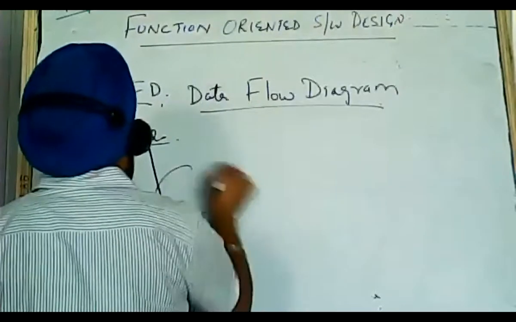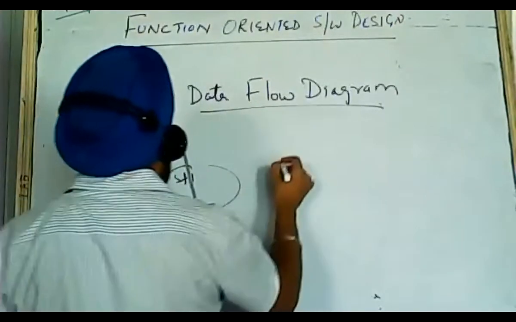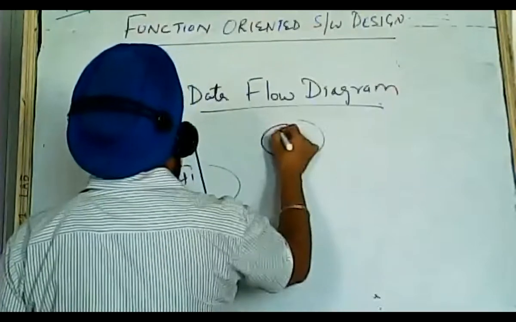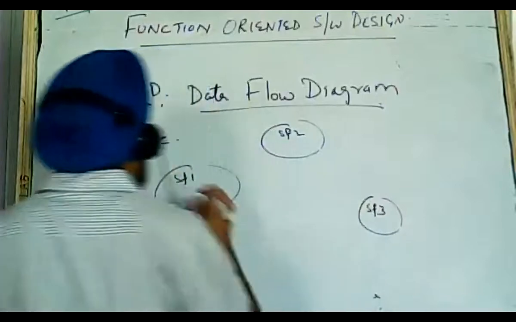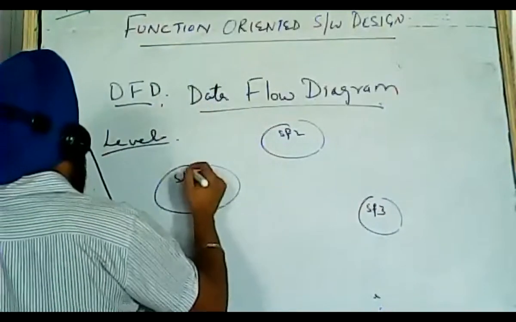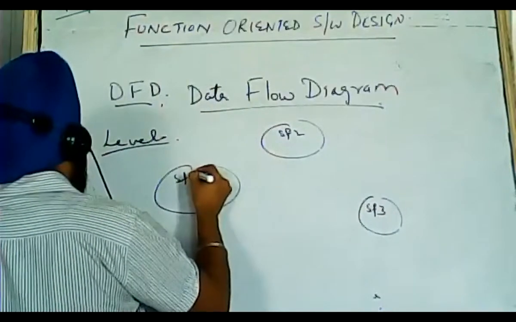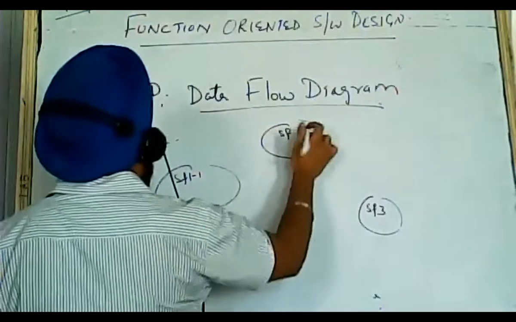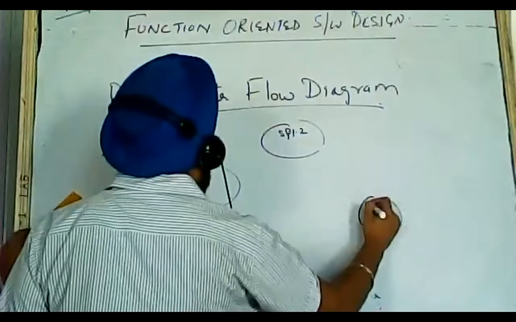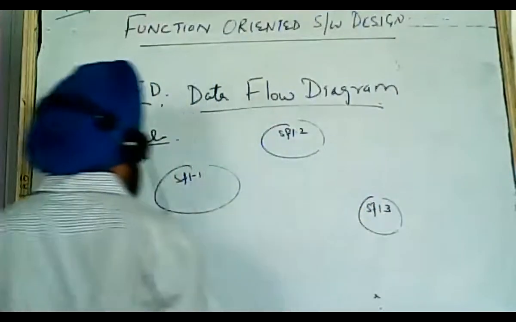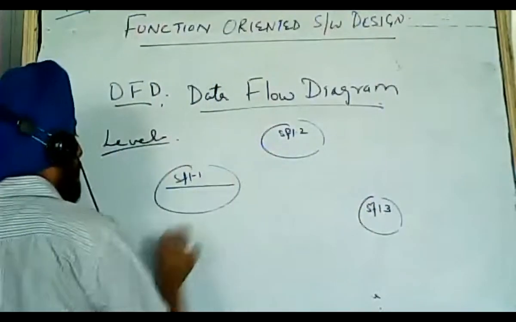So now the bubbles will be SF1, SF2, SF3, or I will name them sub function 1 of function 1, sub function 2 of function 1, sub function 3 of function 1. And how was the numbering given?